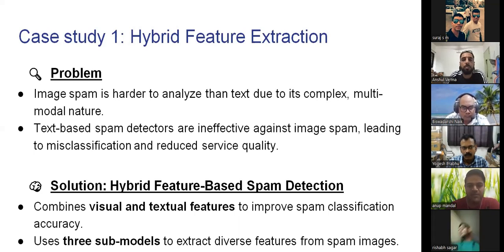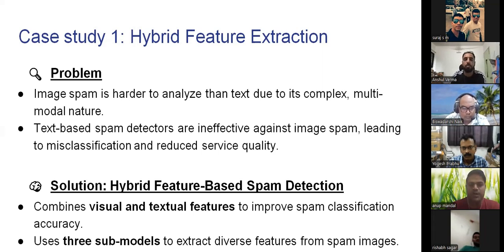Traditional text-based spam filters often fail when spam content is embedded in images using fonts or deceptive formatting. To overcome this, the author proposes a hybrid approach combining both visual and textual features for improving classification performance.